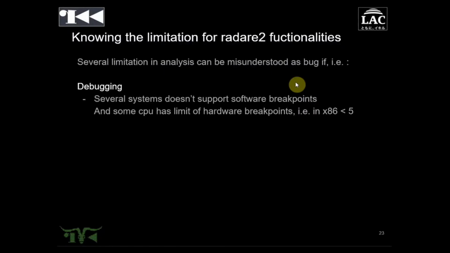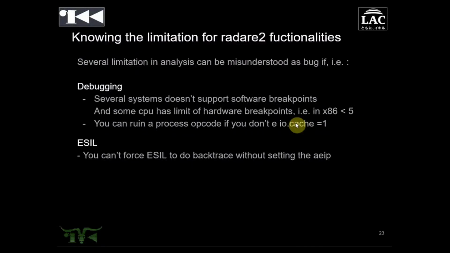For example, Intel platforms have 4 hardware breakpoints that can be used, and that is a very important detail that you have to understand beforehand, especially when you are in the middle of debugging something. And it also applies with emulation like ASIL.